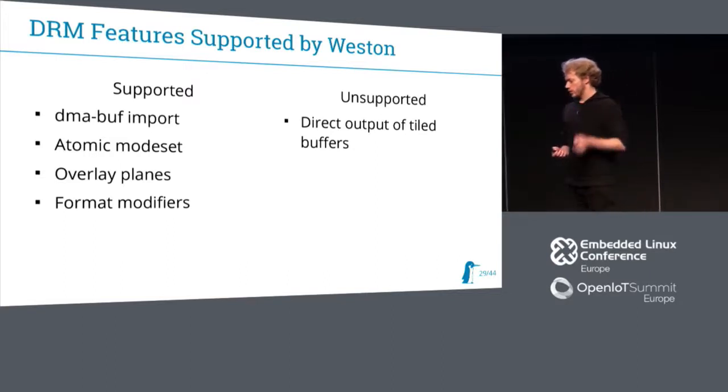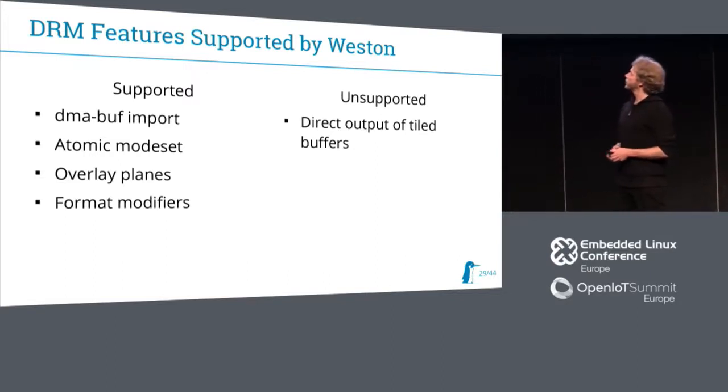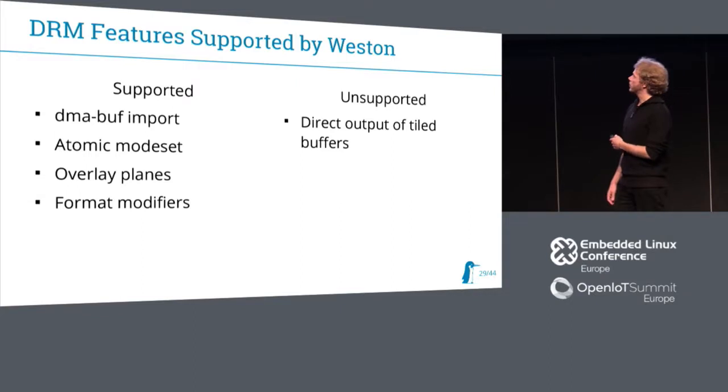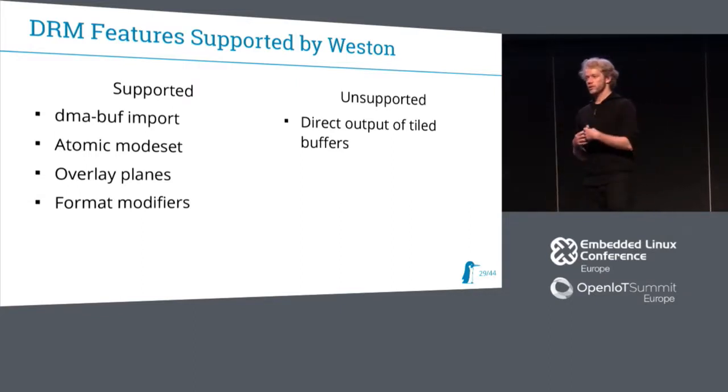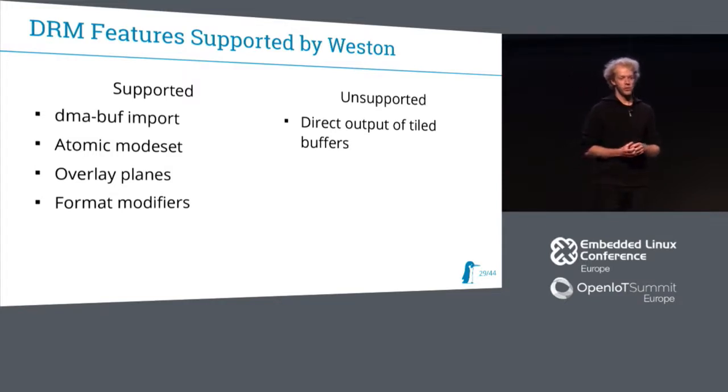So as a conclusion of that, we have seen that the DMA-BUF import is supported by Weston. Atomic mode set is supported. We can use overlay planes because of that. And we also have format modifiers, so we know that buffers have a specific tiling format.